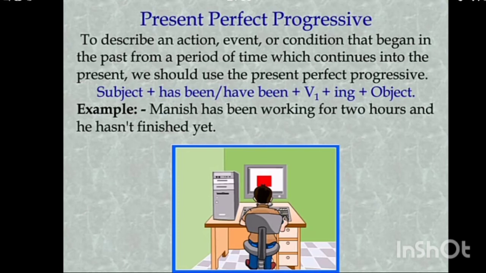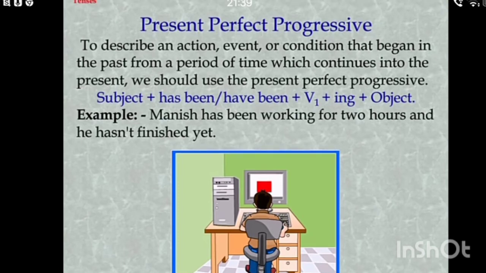So has been or have been plus the first form of the verb with ing plus the rest of the sentence. Let's see the example. Manish has been working for 2 hours and he hasn't finished yet.